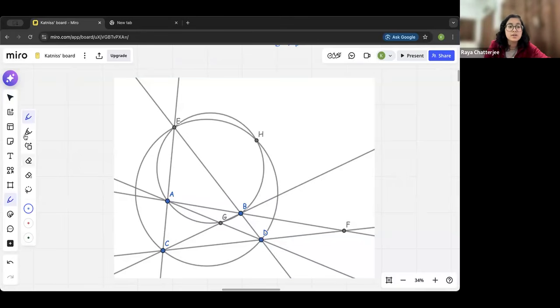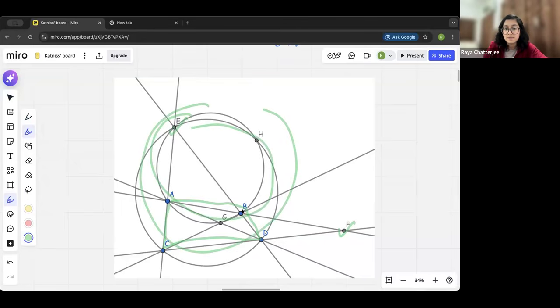If this is your quadrilateral and these are the diagonal intersections, then an easy way to remember it is EAB here, ECD, then BDF, and ACF. Can you visualize these? These are going to be concurrent.